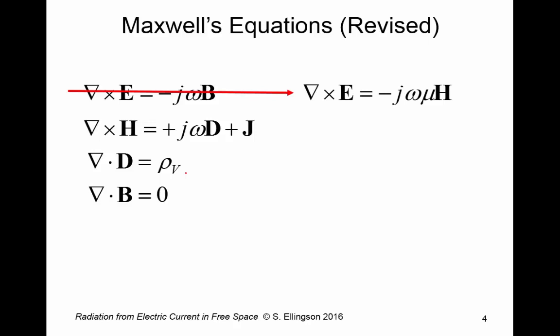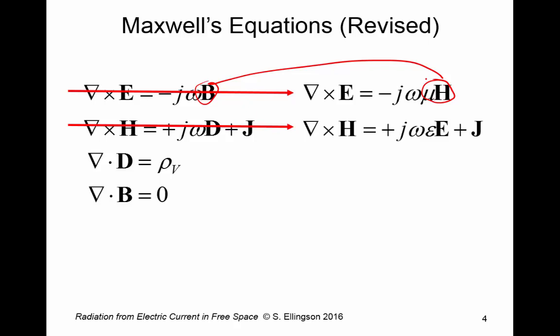First, we're going to take the Maxwell-Faraday equation, and we're going to convert B to H. So the way we do that is simply to replace B with mu H. Then we'll take Ampere's law and convert the electric flux density into electric field intensity.